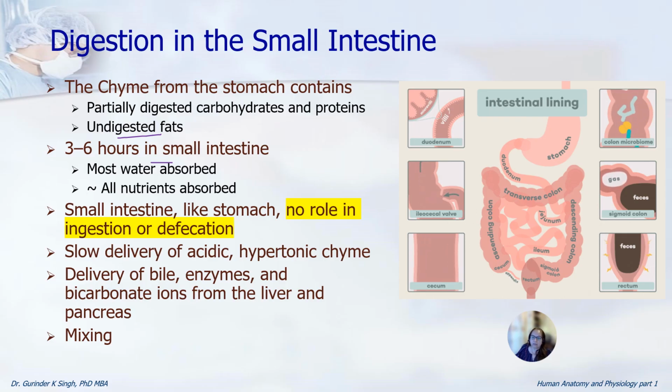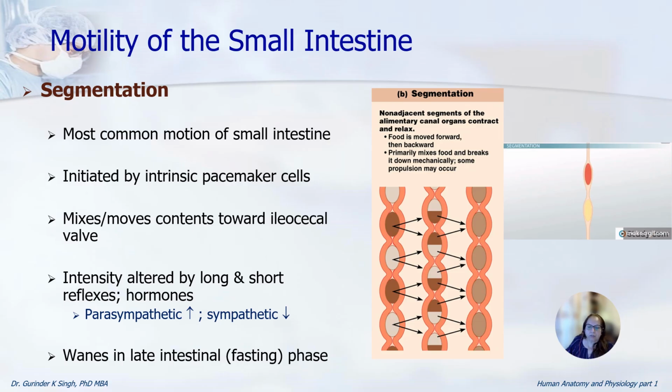Slowly, as the acidic and hypertonic chyme is delivered into the small intestine, we have the delivery of bile, the enzymes, and the bicarbonate ions from the liver and the pancreas, and then we do mixing of all this stuff. So how does mixing occur? In the small intestine, the mixing occurs by segmentation.